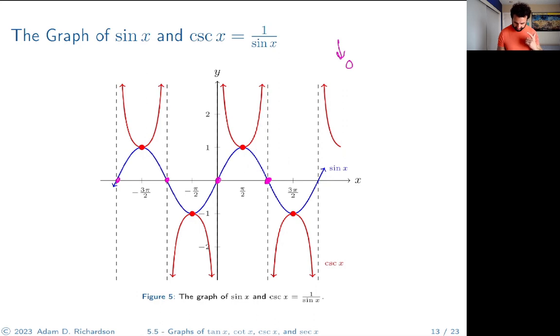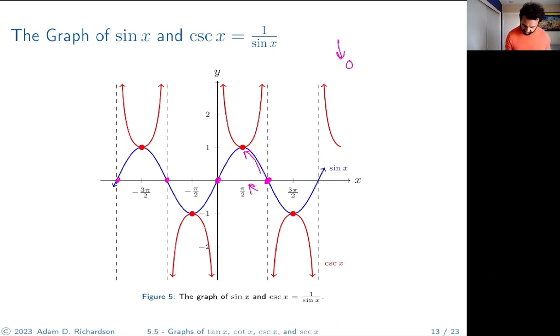Now let's look at the other behavior. As sine goes to 1, we're going to be taking reciprocals of numbers that are getting closer and closer to 1. Well, reciprocals of numbers that are getting closer and closer to 1 are getting closer and closer to 1 again. So as I approach pi over 2, sine is approaching the number 1, and cosecant is also approaching the number 1.